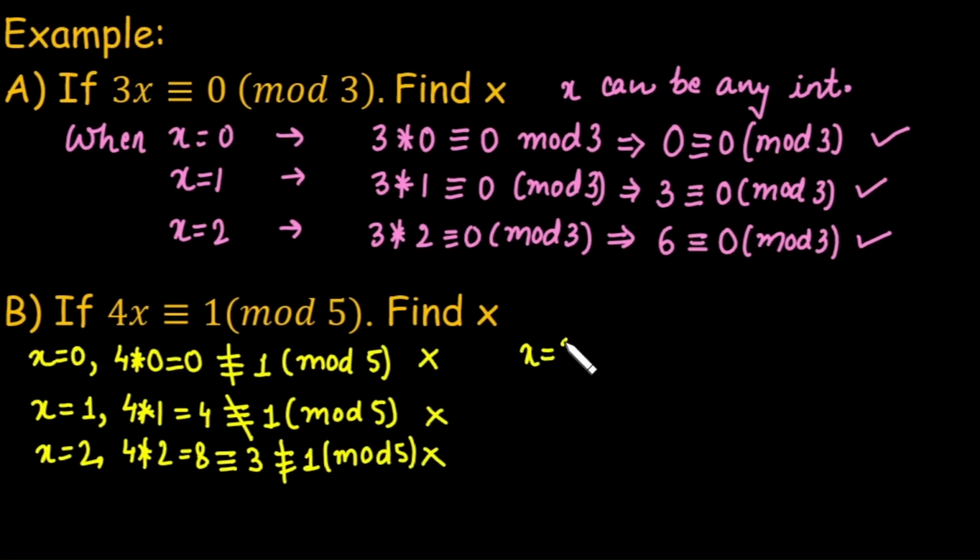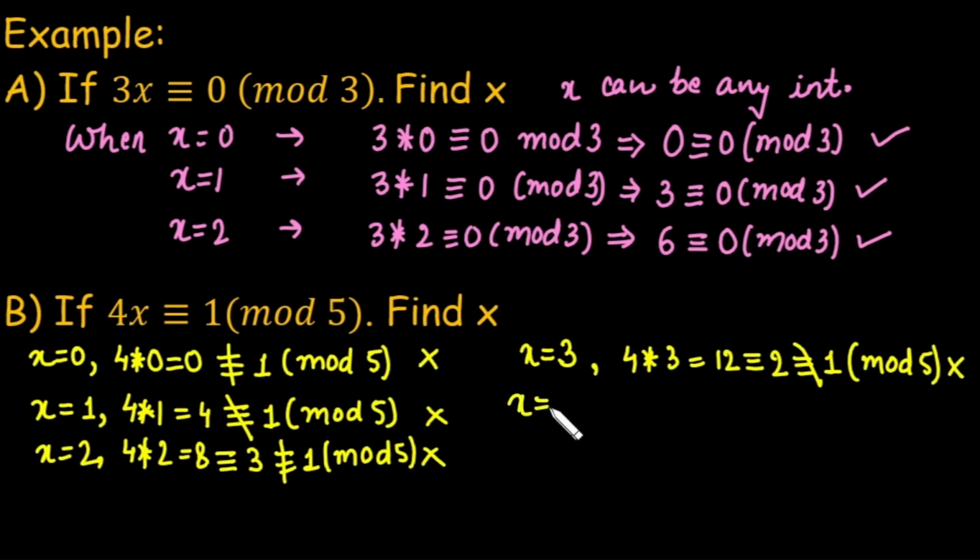For x equal to 3, 4 times 3 is 12. 12 divided by 5 has remainder 2, and that is not congruent to 1 because the remainder is not 1. So we can say that these two numbers are not congruent with respect to mod 5.